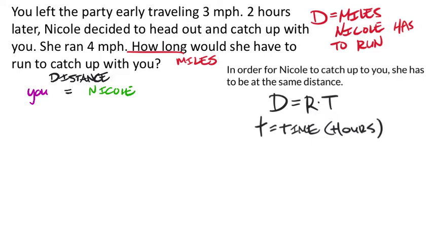Now, for your distance, let's see. We have your rate. It showed your rate as 3 miles per hour. So your distance would be 3 times the amount of time. Now, your time is not how much time Nicole traveled, right? So you will travel the same amount of time Nicole traveled. So I got the t there. Again, that's the time that Nicole travels.